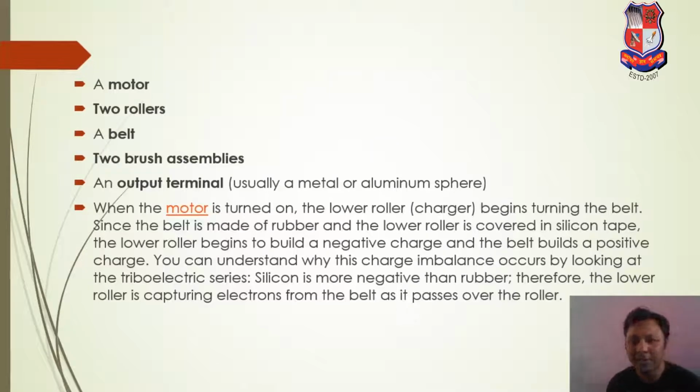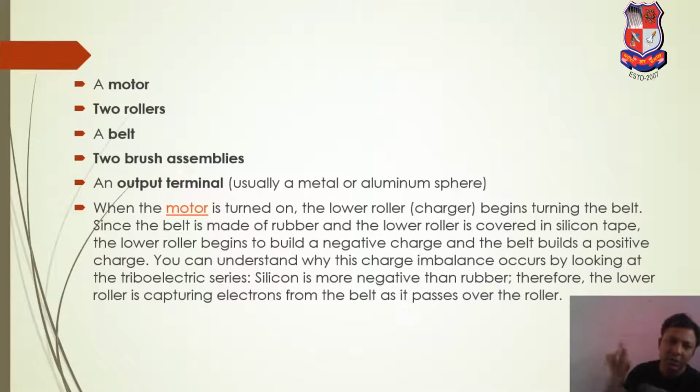As I explained previously, when a negatively charged material is rubbed on any metal, positive charge is produced. So this purpose is served using the motor: when the motor rotates, the belt conveyor is rubbed on the rubber.